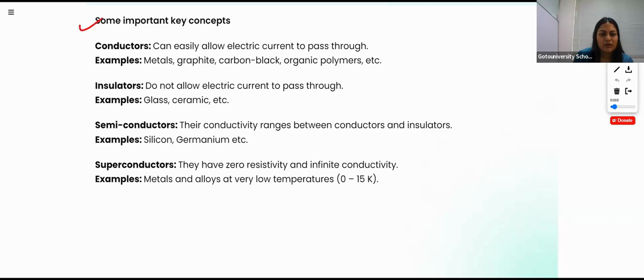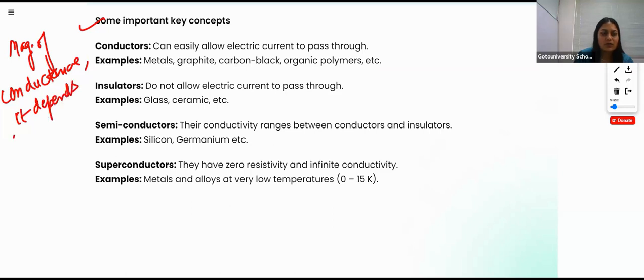The magnitude of conductance depends on the nature of the substance. Whatever conductivity is produced, how much a substance can conduct electricity is based on what kind of substance we are using, or what the nature of the substance is.